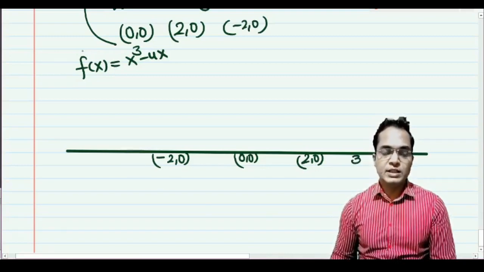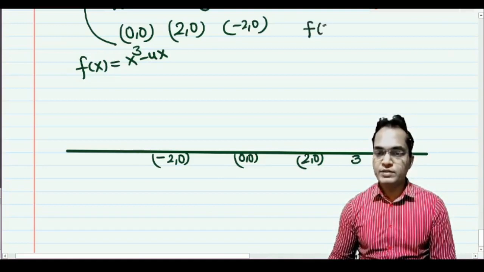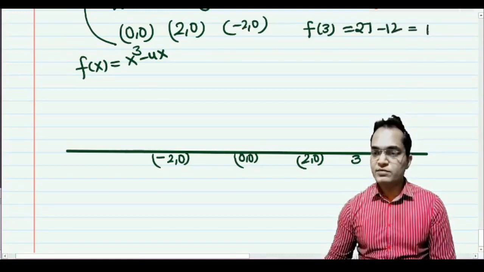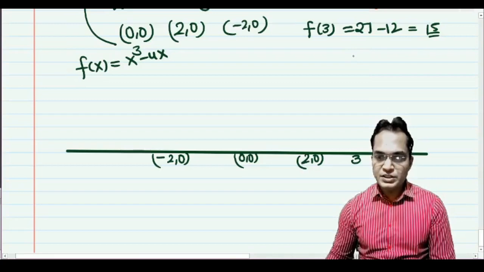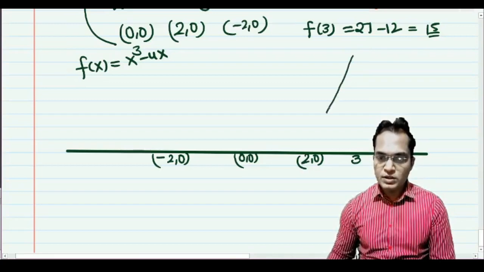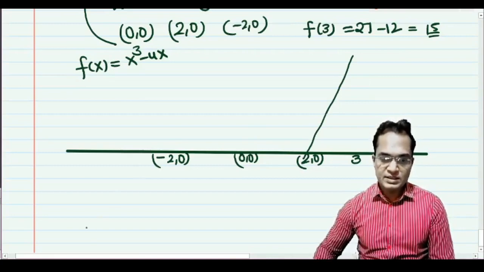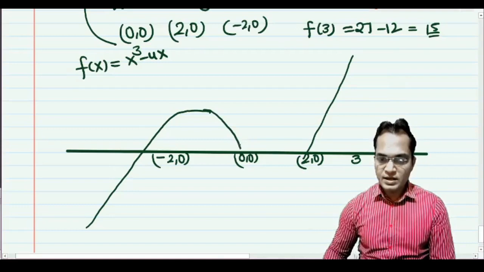Now you can put any values away from 2, like 3, 4, etc. Then what will come here? I am going to put f(3). It is 27 minus 12. Your answer is 15. Means at 3 the point is 15 upside. Yes or no? Means the nature of this graph will be like this, and this is turning, and this one and this.